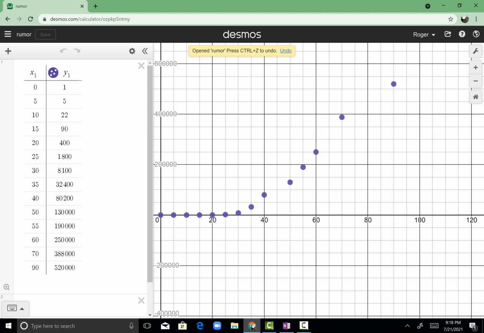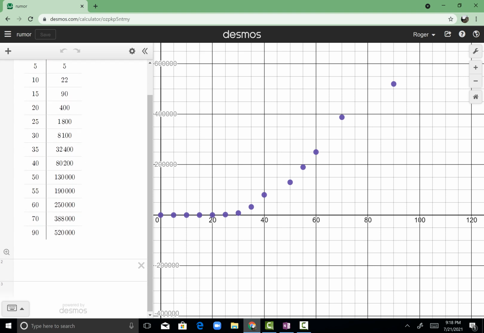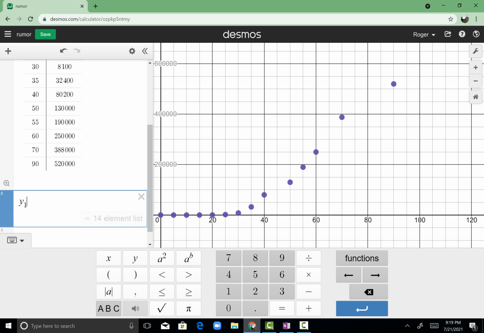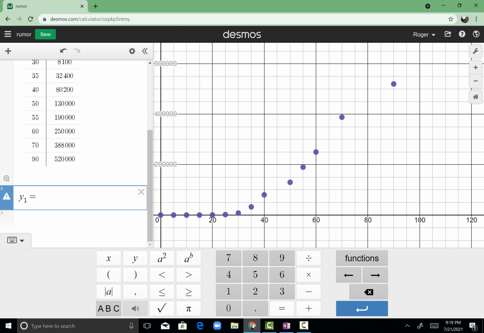I'm going to find an equation for this because it would be hard for me. I could do it, but I don't know what the carrying capacity is. I could take a guess and walk through it, but we're going to do it this way. So I'm going to go y1. This is how you find your regression. y1 equals carrying capacity.